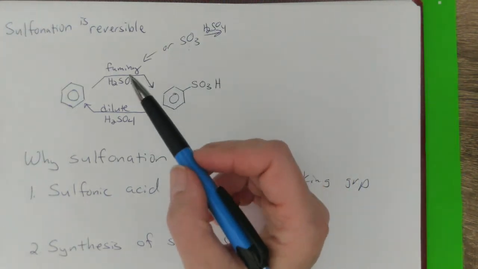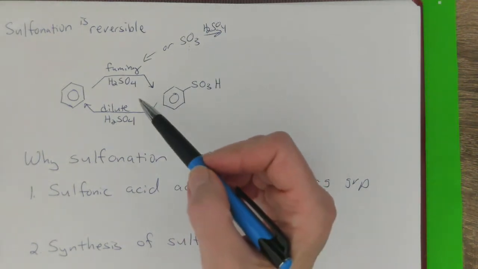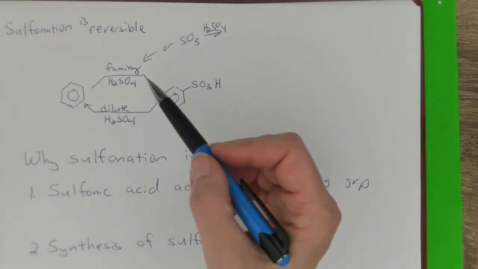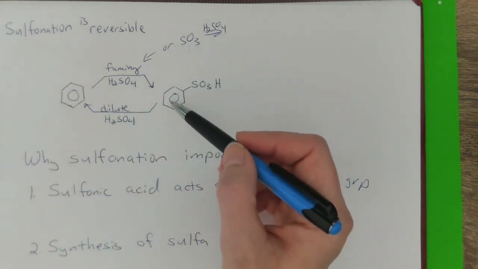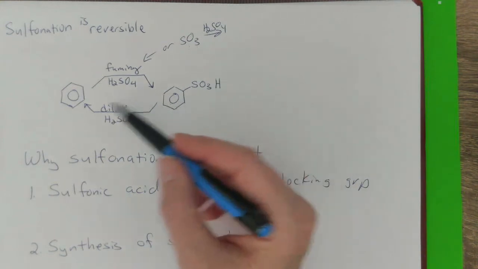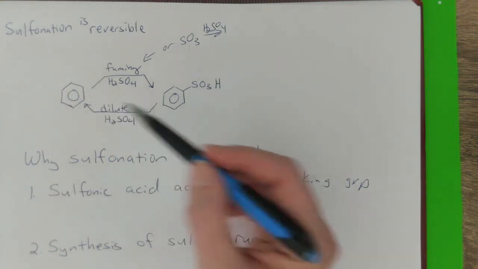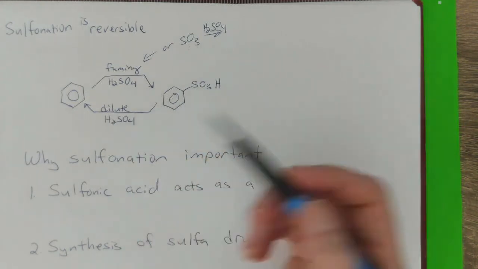And then, so this reaction is very much sensitive to the concentration of the reagents, and it's reversible. So I can reverse this process by using dilute sulfuric acid. I can just pop the sulfonic acid group off. So this is really useful.